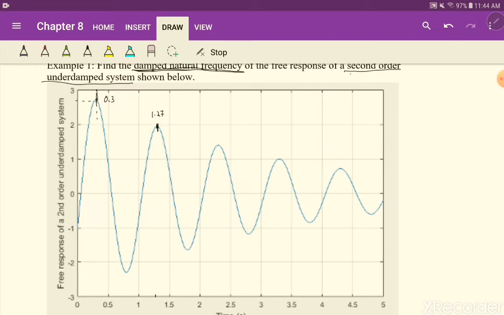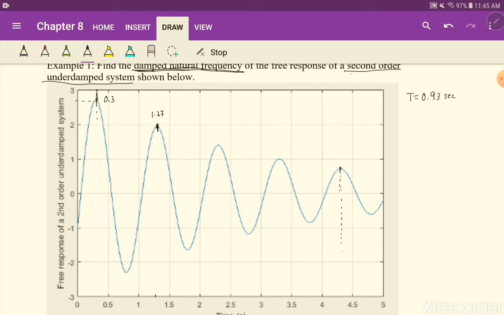It's a little more than half, right? So 1.27. To me, it looks like the period is about 1.1, maybe 1 second, about 0.93 second. You can do a little better. Why don't we just get the last peak that I can see?